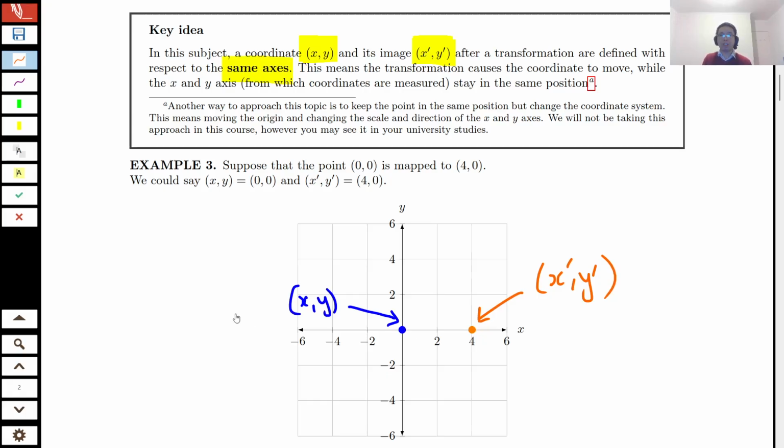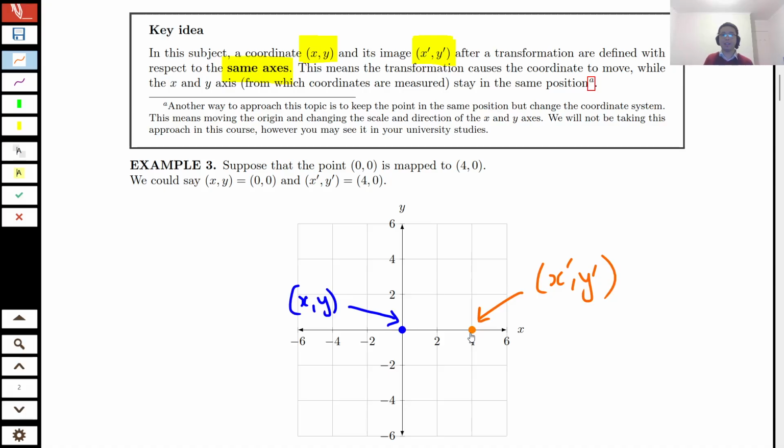The main thing I want you to understand is the x and y axis, which was used to define the first point x, y, is the same axis used to define the coordinates for x dash and y dash. So, although I moved the point, I did not move the xy plane.